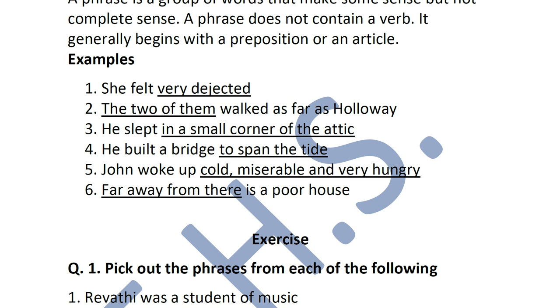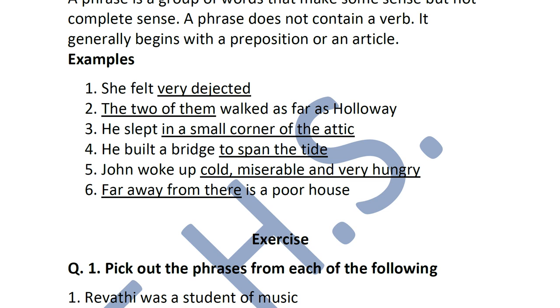He slept. Now again slept is your action, so it will not come in the phrase. The rest of it is a phrase: in a small corner of the attic. Here again, in is a preposition. He built a bridge to span the tide. Here to is a preposition. I'm just showing you how most of the time it starts with a preposition or an article.